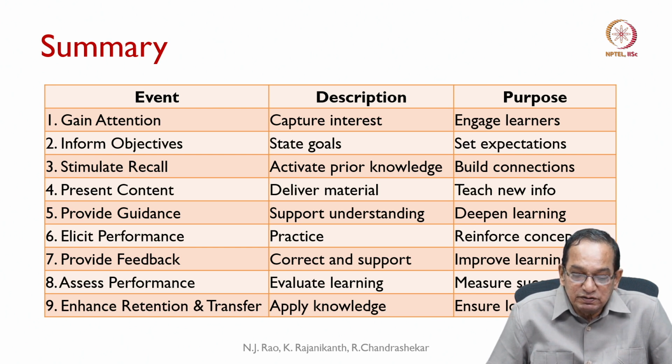Stimulate recall. So, what we do is activate prior knowledge, and the purpose is to build connections. Event 4 is present the content. The description is the actual delivery of the material, and the purpose is to teach new information.